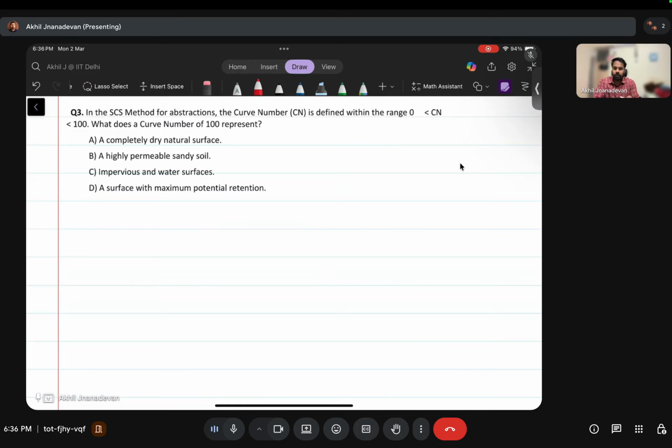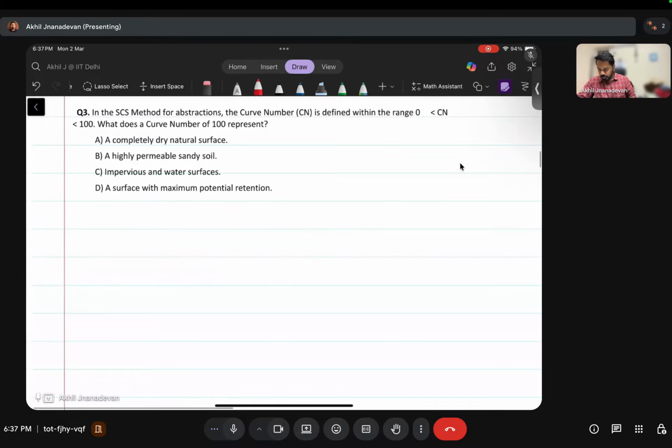The question: in the SCS method of abstractions, the curve number is defined in a range of 0 to 100, right? So what does the curve number 100 represent? We need to know what the SCS curve number method is, and then understand what the curve number is.